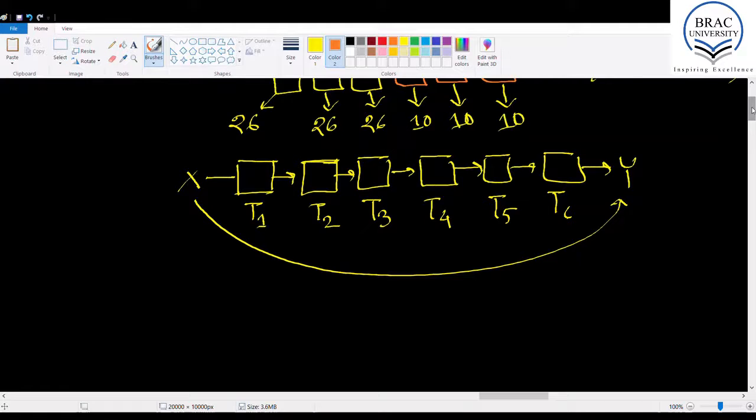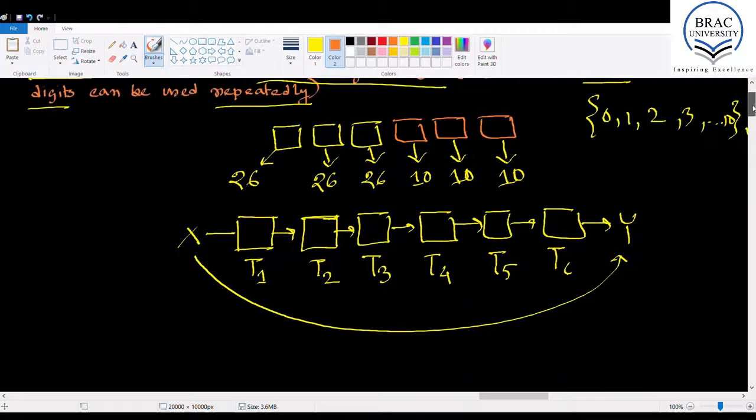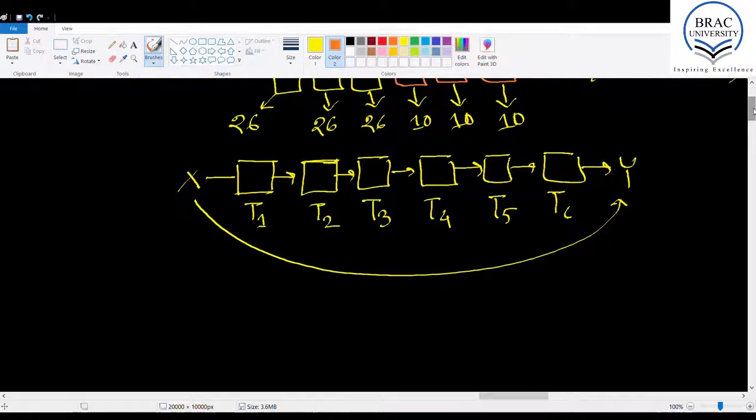Can we keep any of this box void? No. If we keep any of the 6 boxes void, that means the license plate will have 5 characters, right? But the license plate must have 6 characters. So we'll have to accomplish all of these tasks, and for each of the tasks there are 26 options.